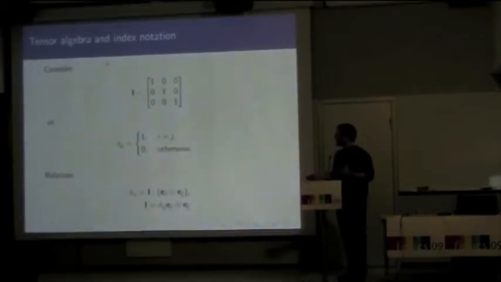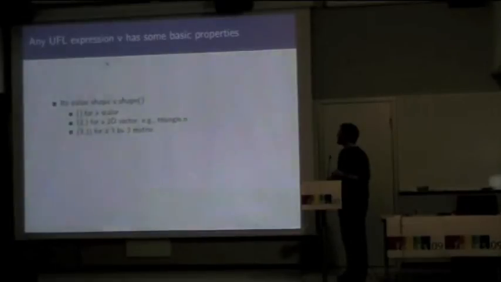And when working on paper, you usually switch seamlessly between these without really thinking about it. In UFL, you need to do this mapping manually. So if you have an index expression and want to work with a tensor, you need to actually do the mapping.